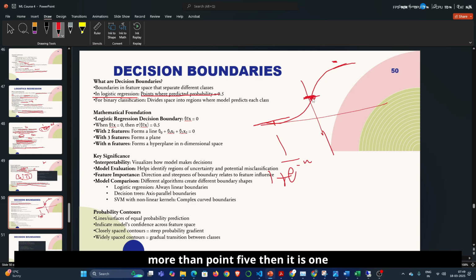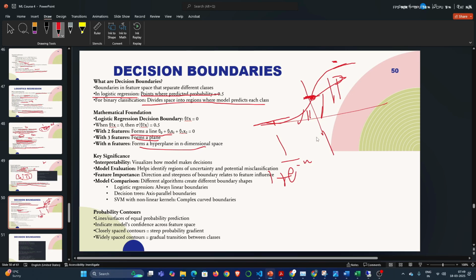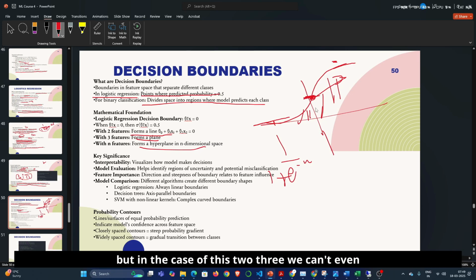And at 0.5, if it is more than 0.5, then the prediction is 1, and it is like a boundary layer it has created. Two features form a line, three form a plane, and in higher dimensions a hyperplane. So this is for two features I'm considering, but in the case of three or more, we can't even visualize this thing.